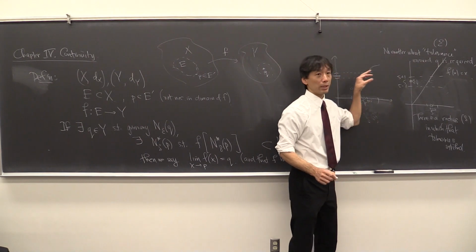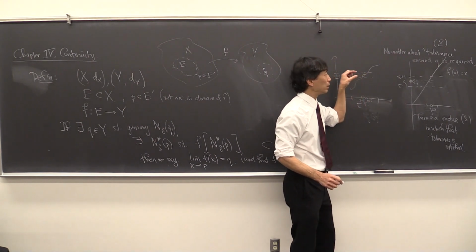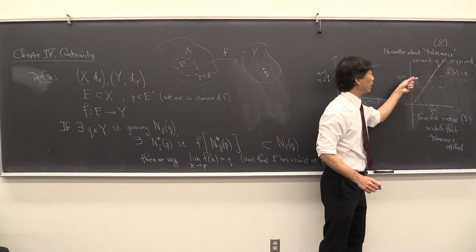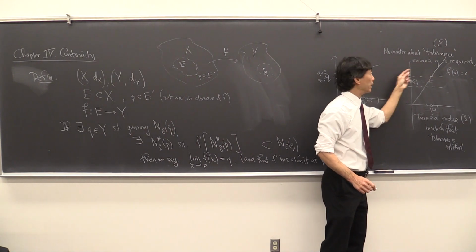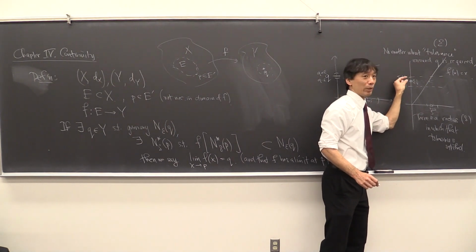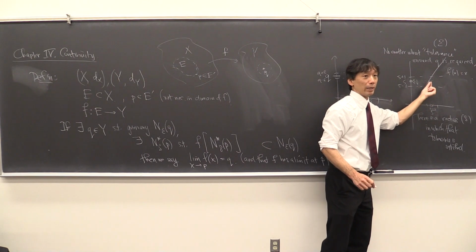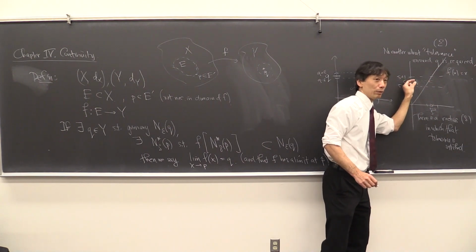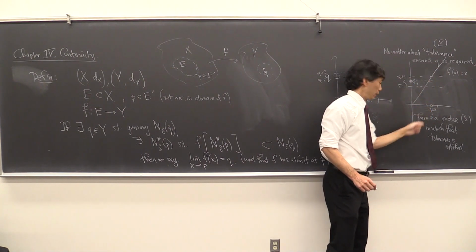So that's really what the limit being Q means. If somebody says, I want you to stay within 0.1 of Q, there's a place where you can do that. If somebody says, I want you to stay within 0.001 of Q, there's a point where you can do that.